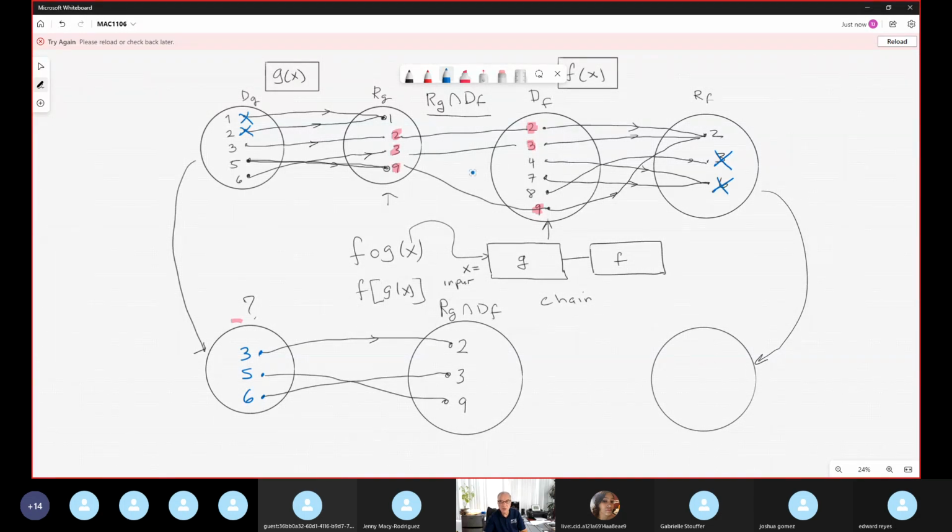Because to guarantee the continuation, look, 2 is associated with the 2, 3 is associated with the 2, and 9 is associated with it. And the others, 4, 7, and 8, have no continuation. Therefore, this is just 2. Therefore, 2 is associated with the 2, 3 is associated with it, and 9 is associated with it.